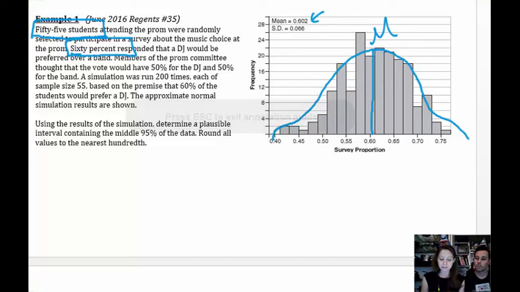Okay, so the mean is 0.602. Well, that makes sense because 60% of the students we surveyed said yes. So in this simulation, 60% of the group want yes.